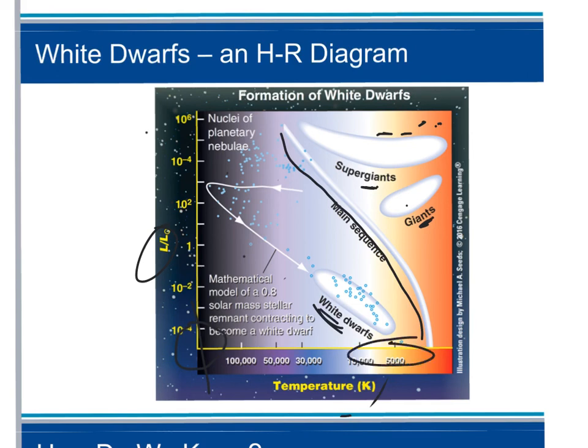Giants and supergiants are high temperature and high luminosity. So these have high temperatures and high luminosity, but a white dwarf is low luminosity and high temperature.